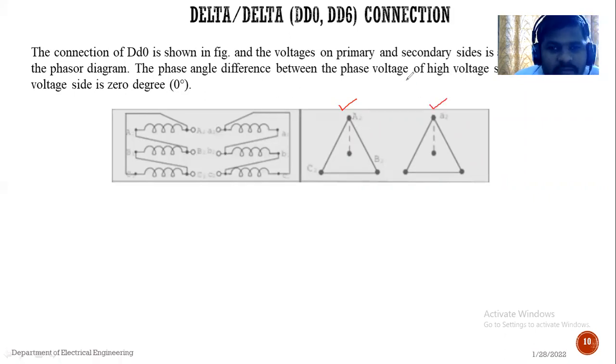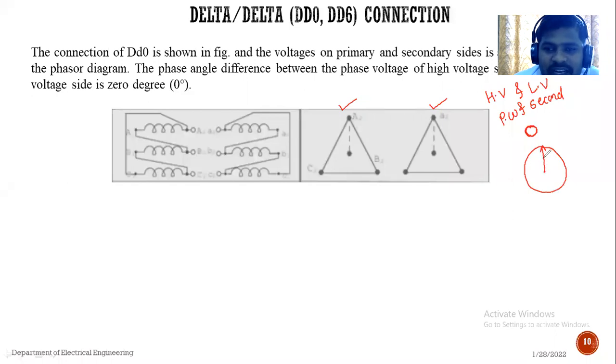And the phase angle between these two, that is between the high voltage winding and low voltage winding, or primary winding and secondary winding, what is the phase displacement between the two? The angle between these two is 0 according to the clock method. The minute hand is at 12 and the hour hand is also at 12. So this is the delta delta 0 degree connection.